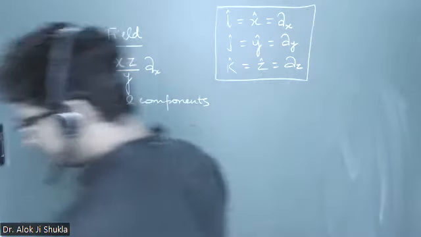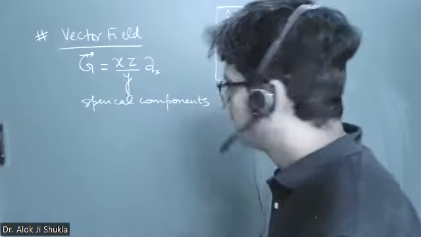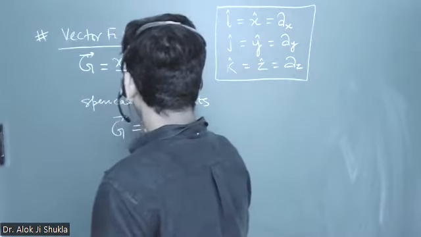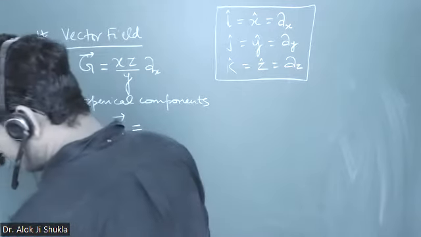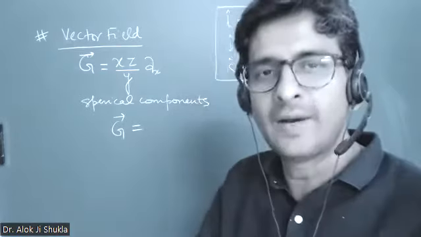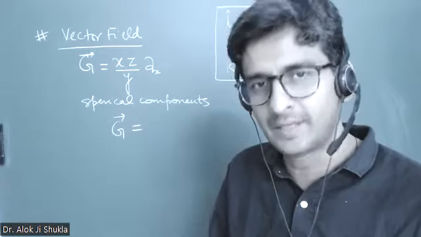So what will be the GR? If your G is equal to, how to write this? Suppose the components are like we write AX, AY, AZ are components of I cap, J cap and K cap.